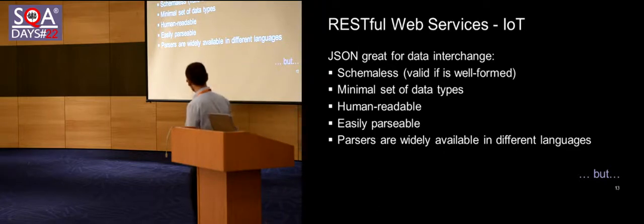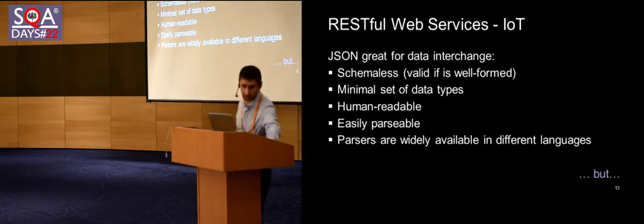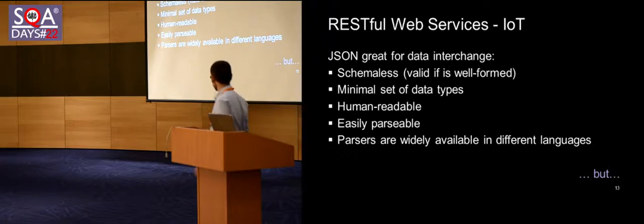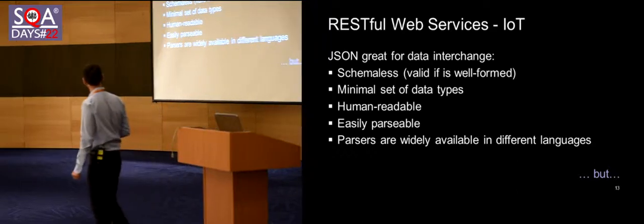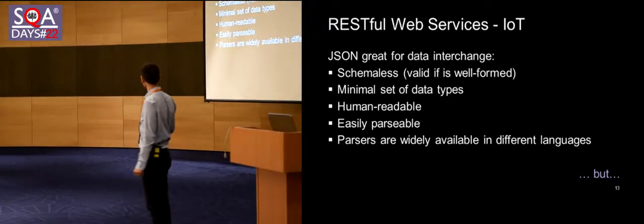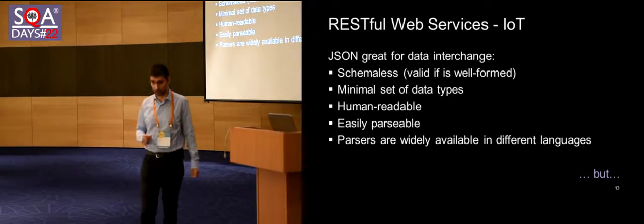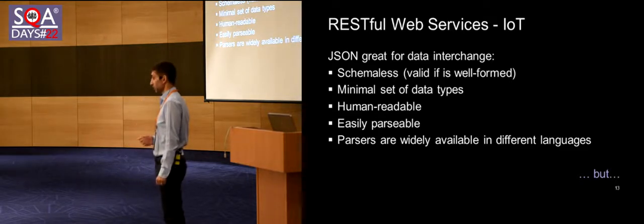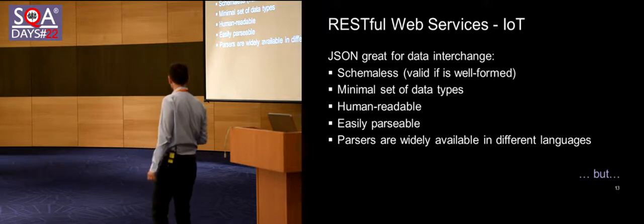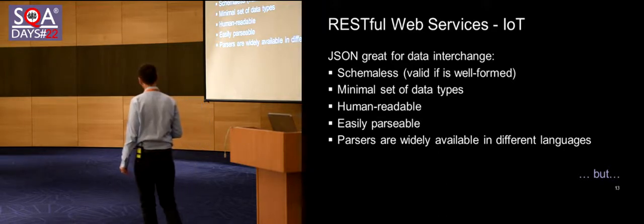For IoT, I just have 2 slides. Of course, JSON is quite good for this because it's schemaless, so we don't have the same challenge as with XML. We have a minimal set of data types from JavaScript itself, and it's human readable and easily parsable.